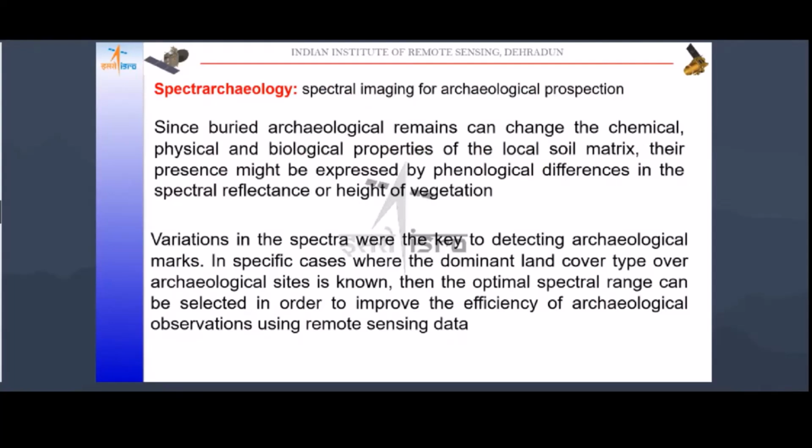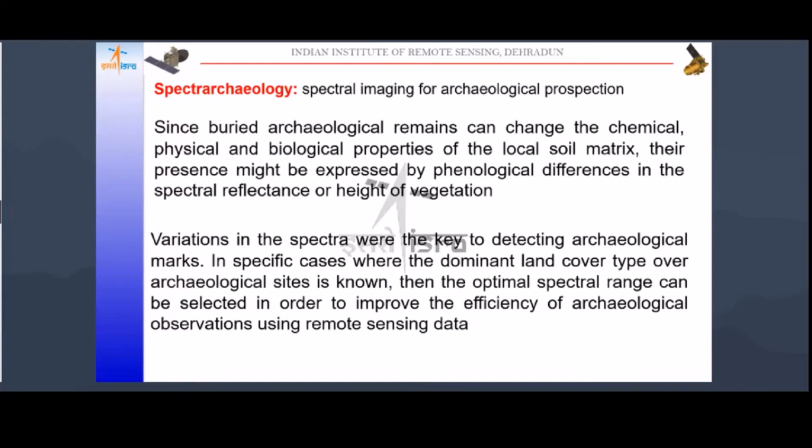Then we come to the next very important aspect, that is called spectral archaeology, meaning how we use spectral imaging for archaeological prospection. Now, since buried archaeological remains can change the chemical, physical, and biological properties of the local soil, their presence might be expressed by phenological differences that we see as a manifestation of the spectral reflectance or growth of vegetation.